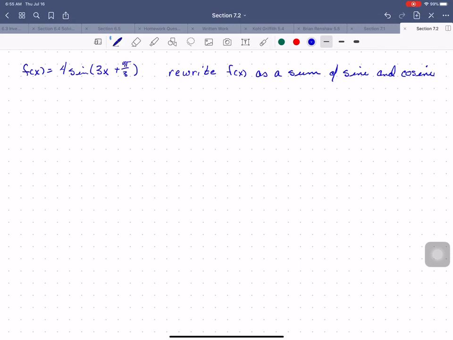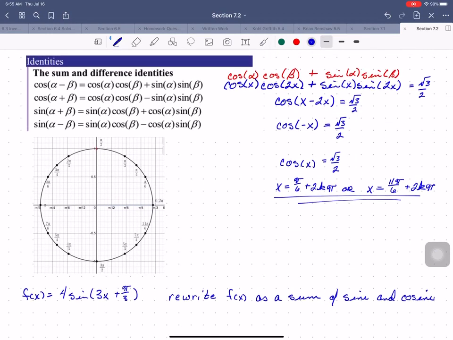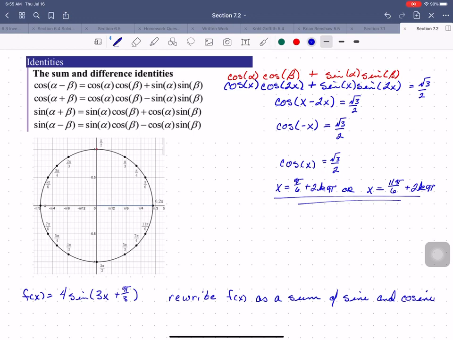So the first thing I'm going to do is apply my angle sum identities. Remember what those are. The sine of the sum of two angles, sine alpha plus beta, is sine alpha times cosine beta plus cosine alpha times sine beta.